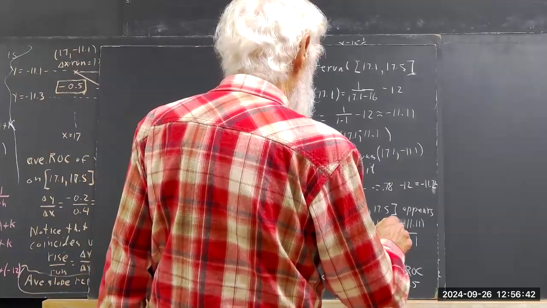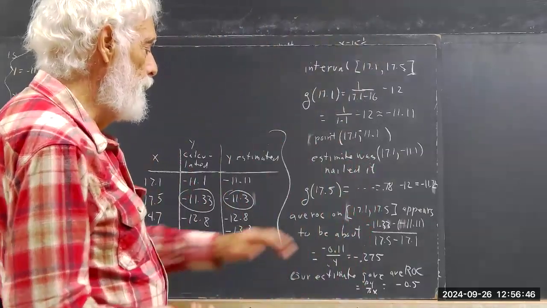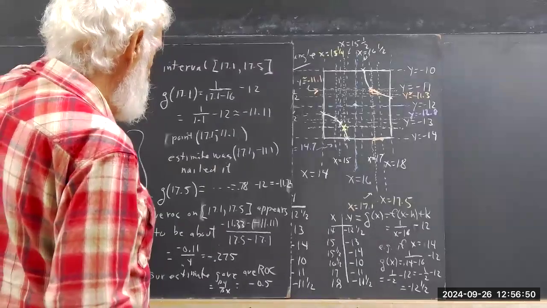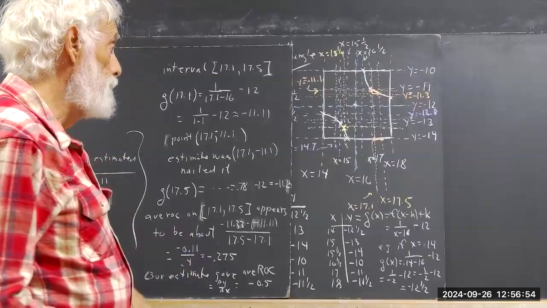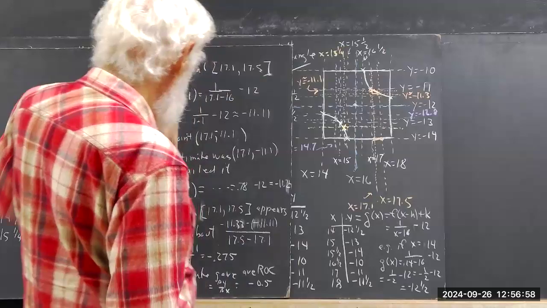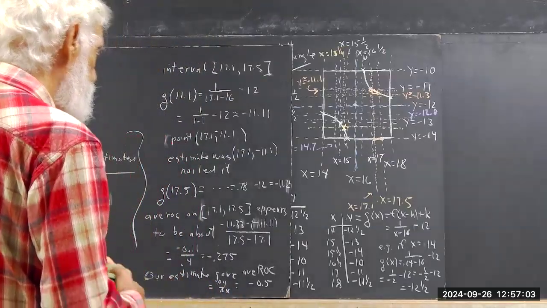It'd be 11.33 minus this. Now, I wasn't at all surprised to be this far off on the rate of change. Okay, get a -2.75, we should have had a -0.5. Just because of inaccuracies in the graph, but it turns out that my estimates actually work out pretty well.